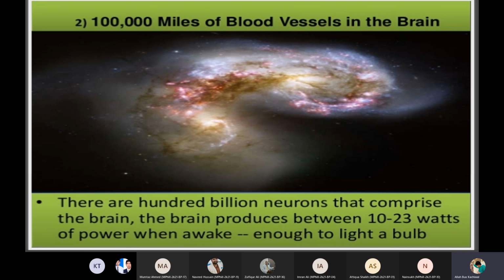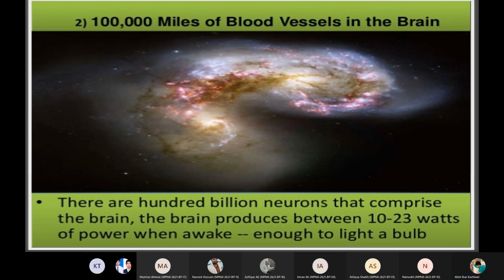The brain produces between 10 to 23 watts of power, enough to light a bulb. So the energy which is being produced, about 10 to 23 watts, can even light a bulb.